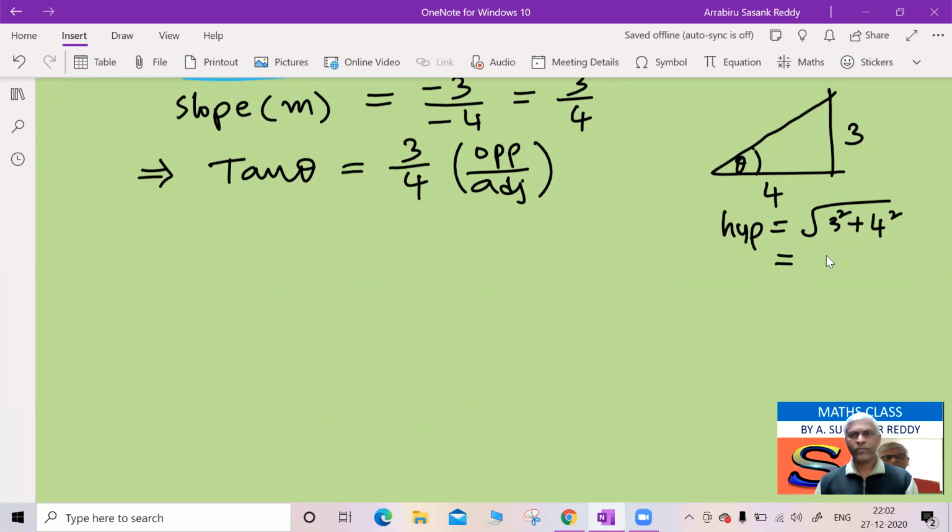So that is 9 plus 16, root 25, that is 5. So hypotenuse becomes 5.